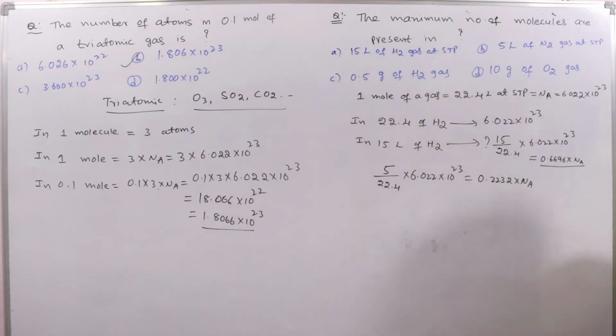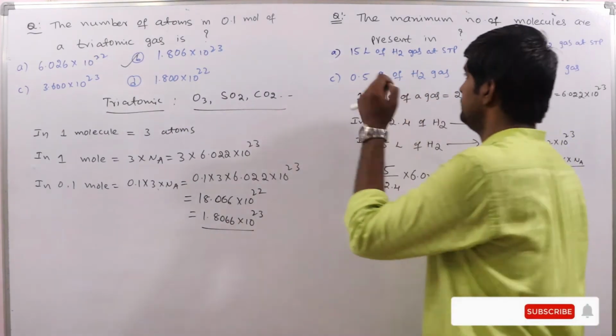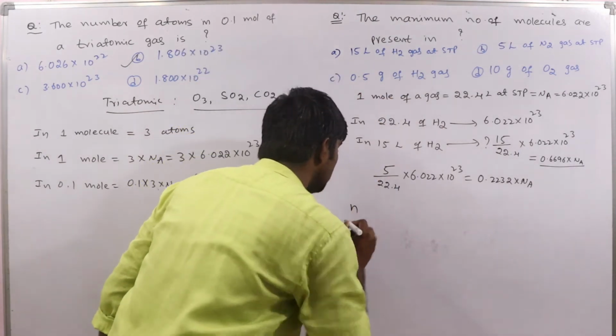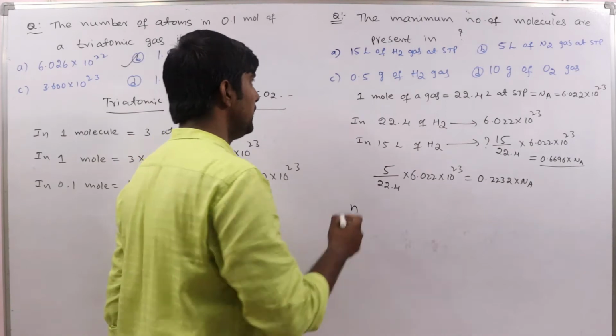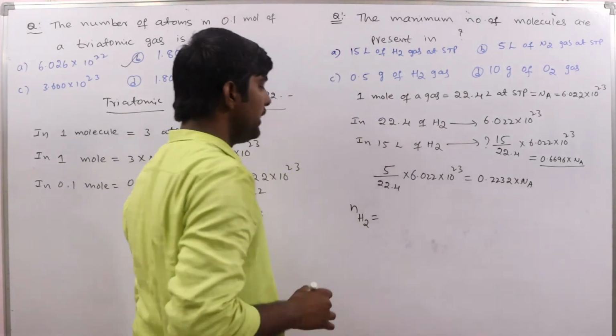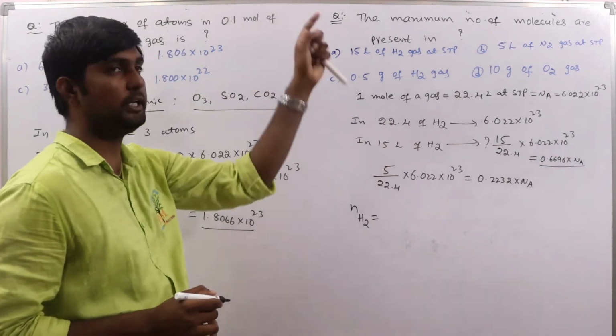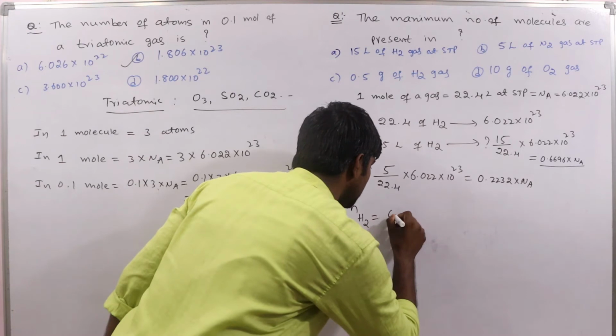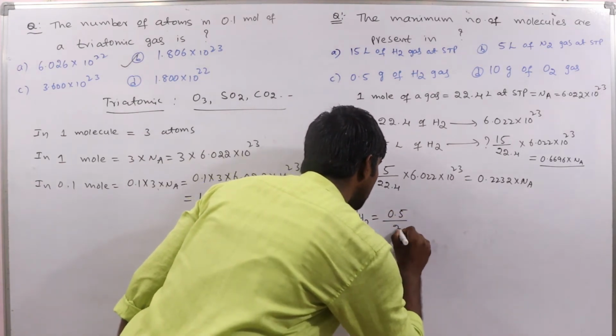Next, see here, 0.5 gram of H2 gas. Now mass is given. We did 2 problems at the beginning of this lecture with the same procedure. First we have to find how many moles of hydrogen are present in 0.5 grams. Number of moles is given mass by molar mass.